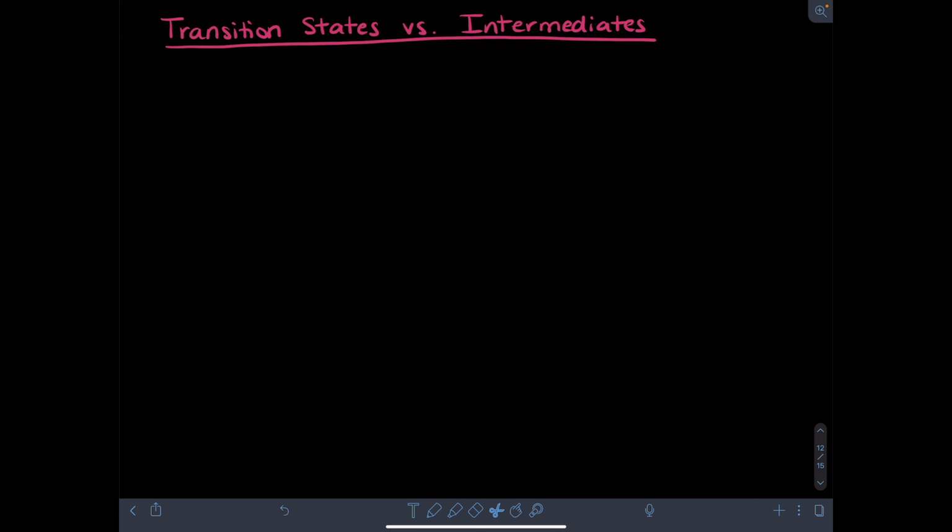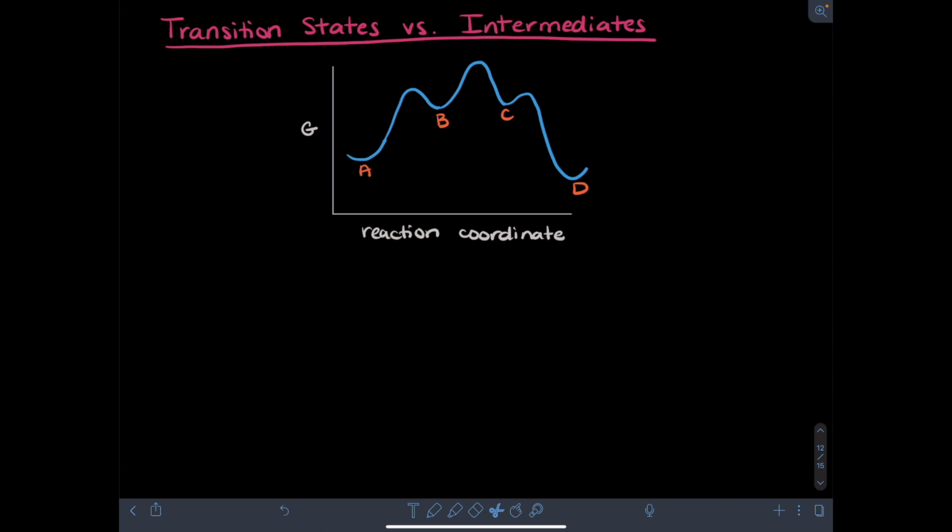For reaction coordinate diagrams, it's important to know the different locations along them and what they symbolize. Let's consider a more complicated reaction coordinate diagram than we've seen before.